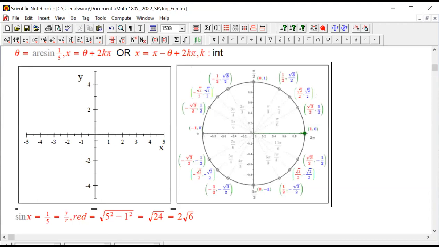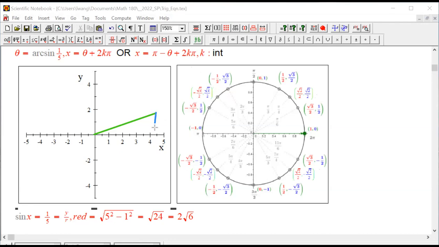So not on the unit circle, we have this is the 5, and that's the 1.